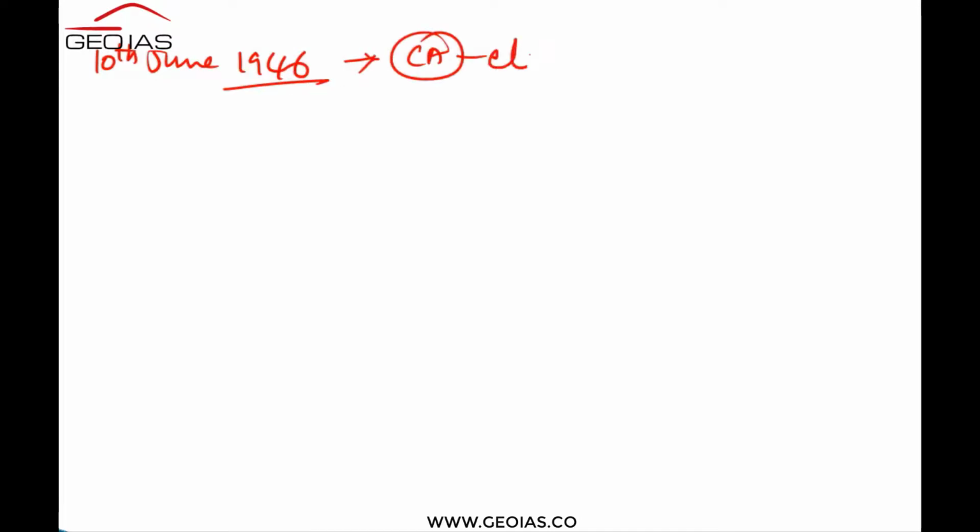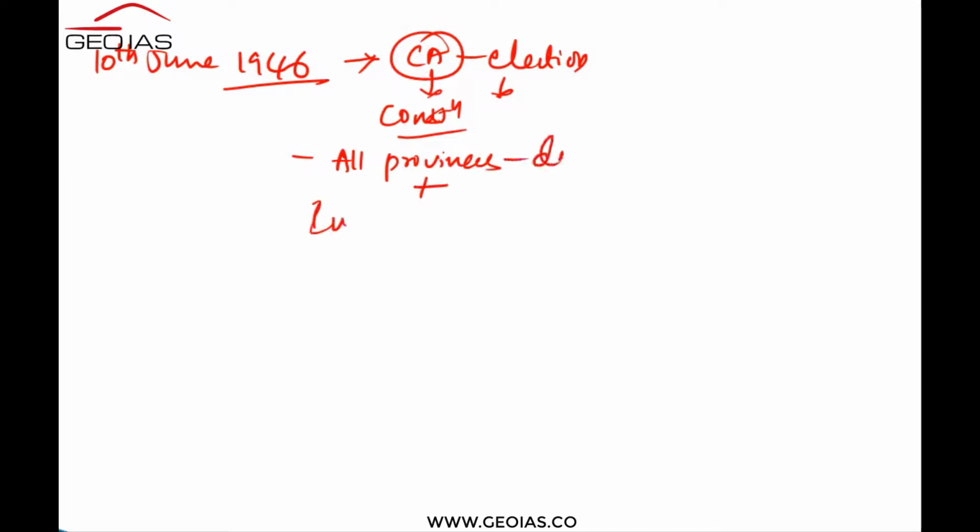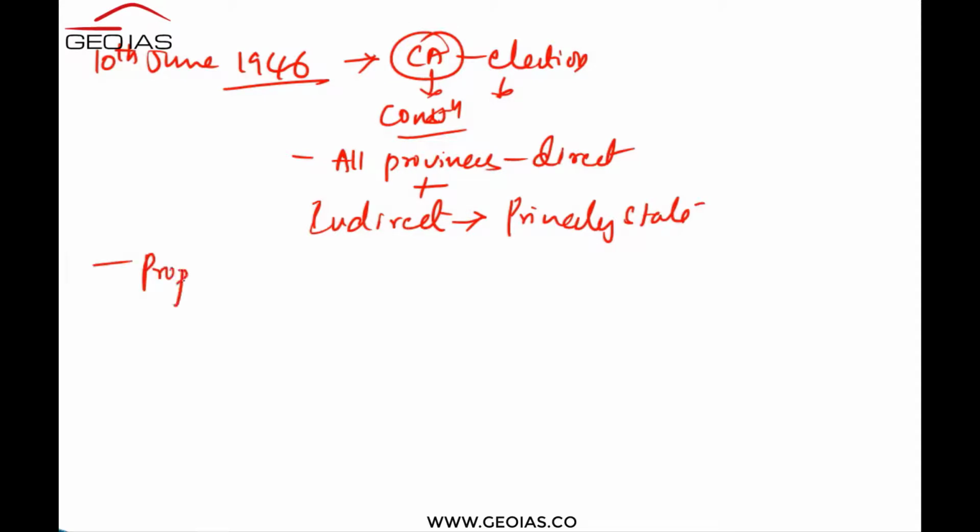Elections were to be held for a constituent assembly to make the constitution. All provinces participated in these elections. These were direct elections in the provinces, and indirect elections happened in the princely states. Proportional representation was followed.